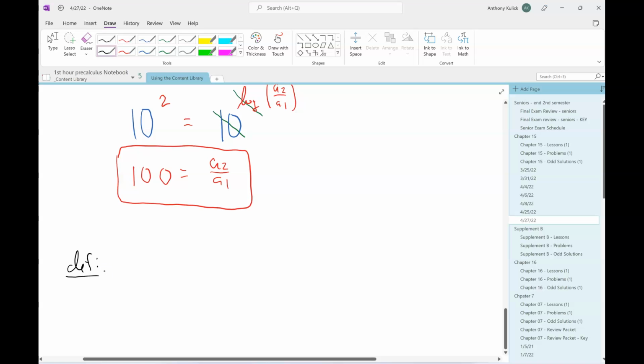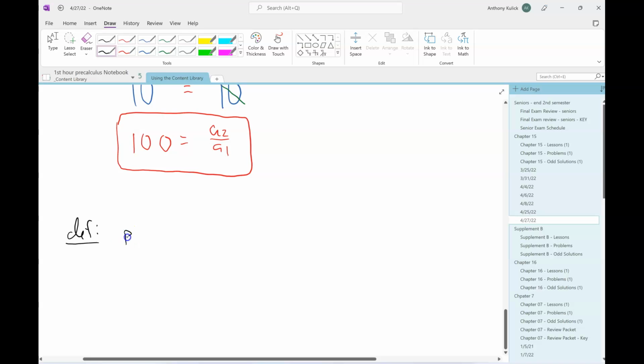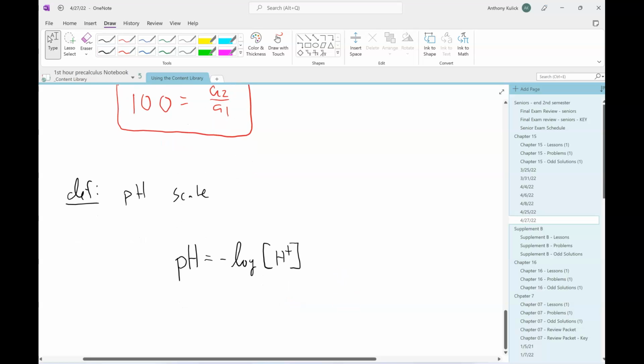Another model is the pH scale. Did you guys use the pH formula in chemistry? So what the pH scale is doing is measuring the concentration of hydrogen ions inside of a solution, right?